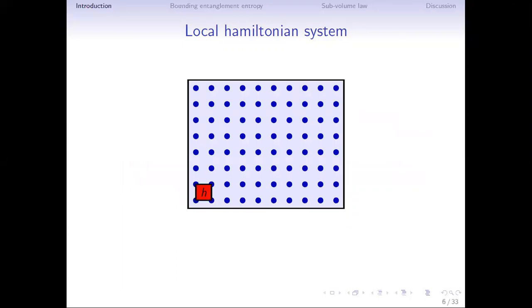The system is called local Hamiltonian since each constraint acts on a small number of spins. An example here is that of a plaquette interaction, which is shown in red. The local interaction H is assumed to be positive semi-definite, which just says that the energy is positive, and we'll assume that the interaction is bounded from above by identity, which in physical terms just means that the energy is bounded for each interaction.